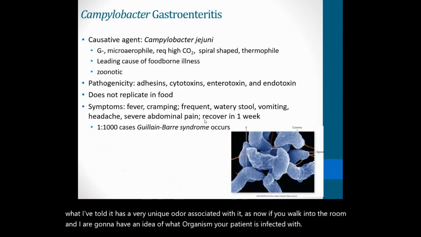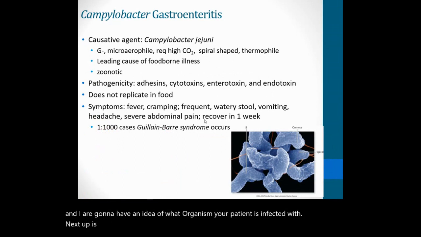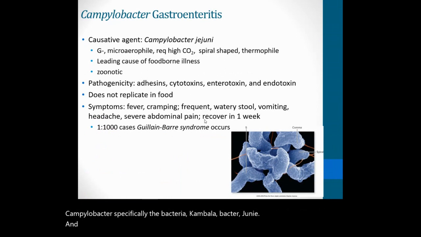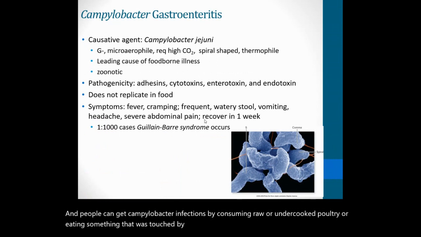Next up is Campylobacter gastroenteritis. So really, enteritis is the disease, but it's caused by Campylobacter, specifically the bacteria Campylobacter jejuni. People can get Campylobacter infections by consuming raw or undercooked poultry, or eating something that was touched by it, okay?